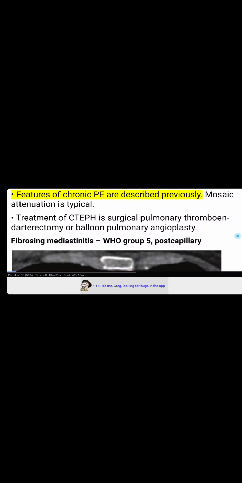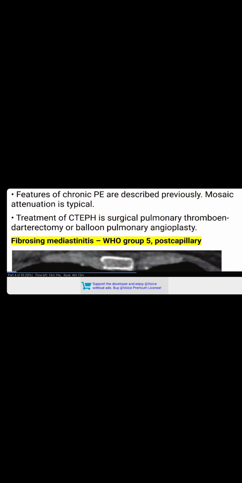VQ scan or CT pulmonary angiogram are typically done as part of the workup for new diagnosis of pulmonary hypertension to rule out CTEPH. Features of chronic PE are described previously. Mosaic attenuation is typical. Treatment of CTEPH is surgical pulmonary thromboendarterectomy or balloon pulmonary angioplasty.